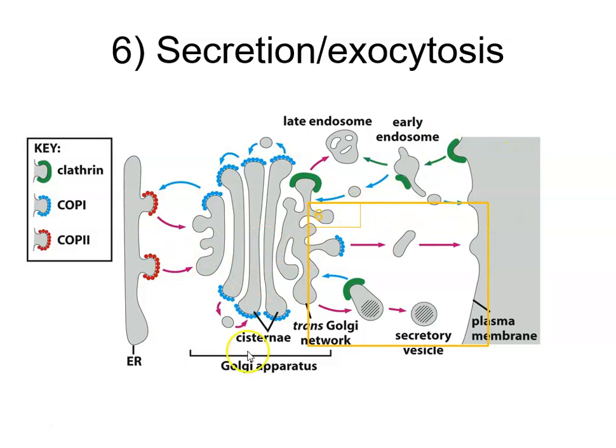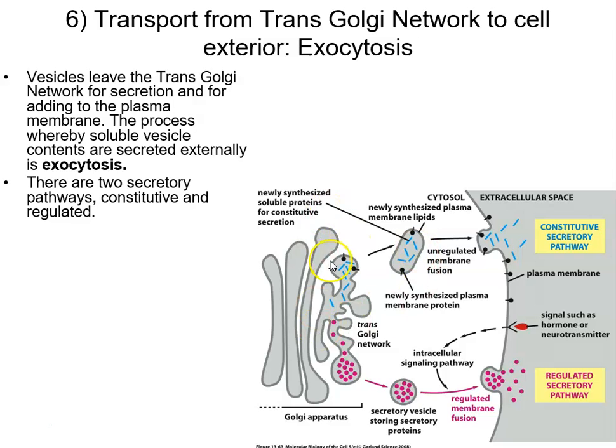A lot of that post-translational modification occurs going through the Golgi stack, and then at some point that protein needs to be either secreted or sent to the plasma membrane if it's a receptor. So proteins leave the Trans Golgi Network and then they are sent for secretion to the plasma membrane, and this is what we call exocytosis.